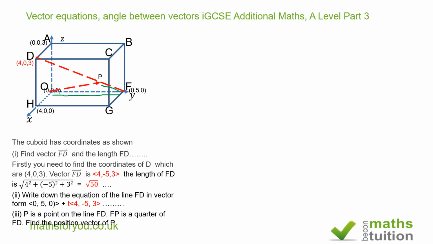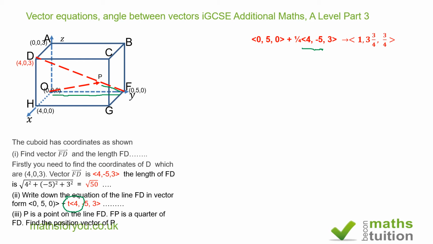Now because FP is only a quarter of FD, we replace this t here with a quarter. So we end up that the position vector of P will be 0, 5, 0 plus a fraction, in this case a quarter, of the direction vector 4, minus 5 and 3, the direction vector of FD there.